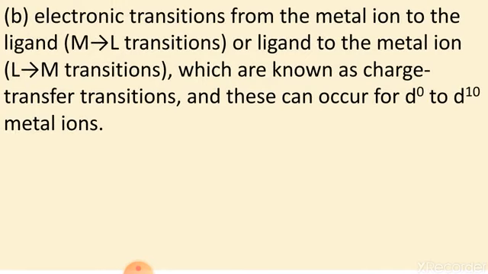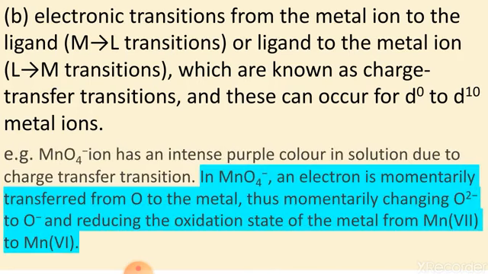Now the second reason is known as charge transfer spectra. The electronic transition from metal ion to the ligand, that is metal to ligand transition, or ligand to metal ion, that is ligand to metal transition, is known as charge transfer transition, and this can occur for d0 to d10 metal ions.